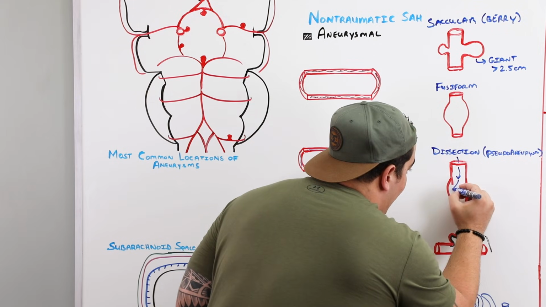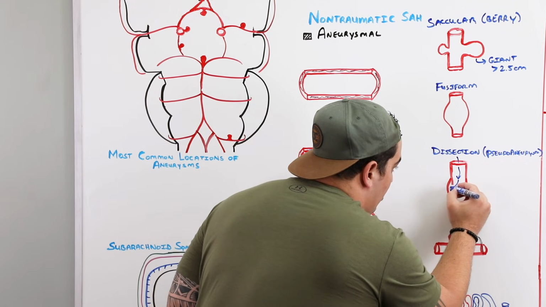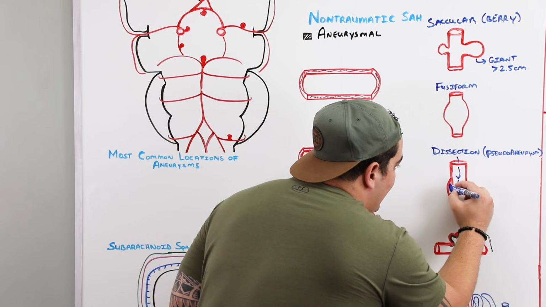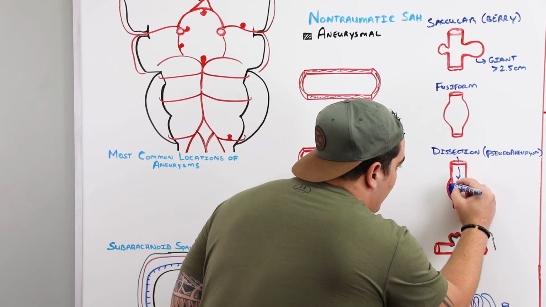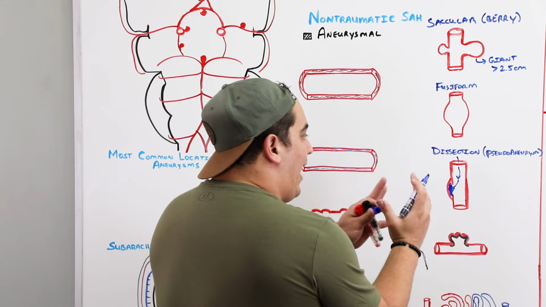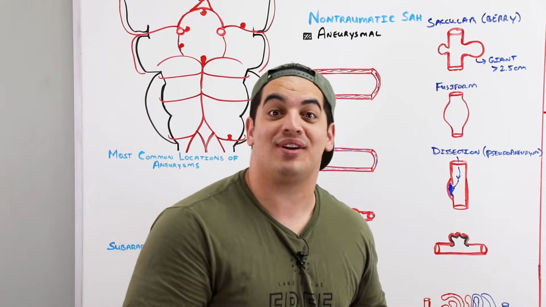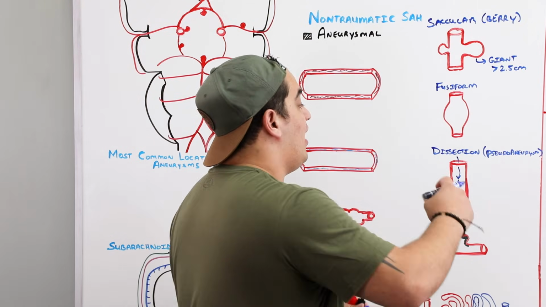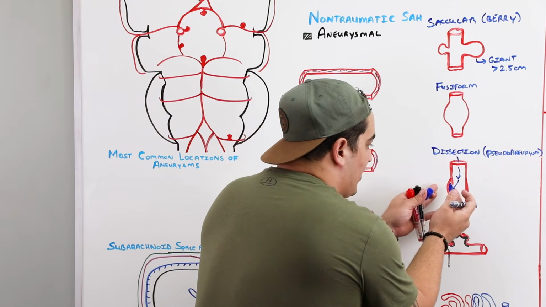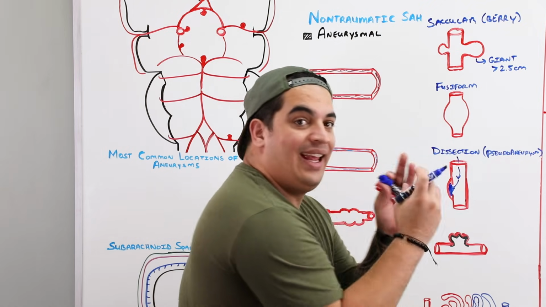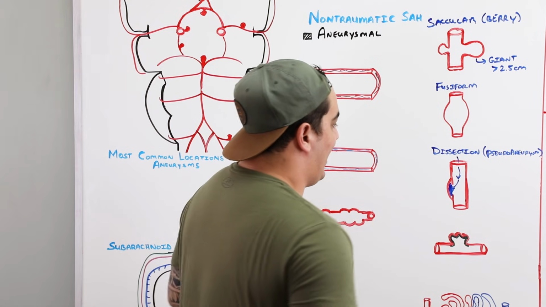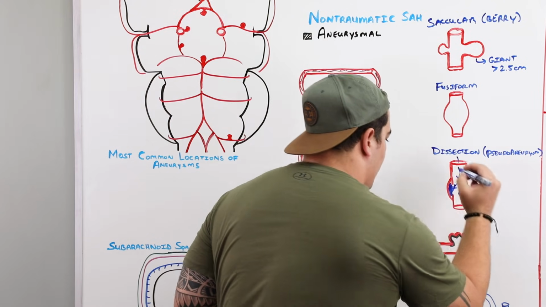If the blood slices and dices through that tunica intima and accumulates between the media and the intima, it can kind of create an outpouching that is filled with blood that looks like an aneurysm. But it's not. It's a pseudoaneurysm because there is a hole within the vessel wall that is allowing blood to accumulate in the vessel wall. Okay, it's not a true aneurysm. So that would be a dissection, also known as a pseudoaneurysm.